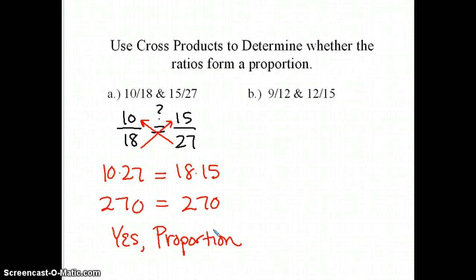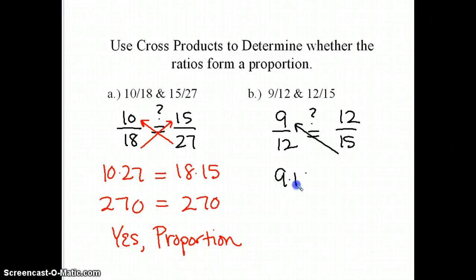Going on to example letter B. Again, I have 9/12. I'm wondering if it's going to be equal to 2/15. I have to determine if this is going to be a proportion or not. So I'm going to use the cross products rule. 9 times 15 is equal to 12 times 12. And when I do this, I recognize right away that 12 times 12 is 144.